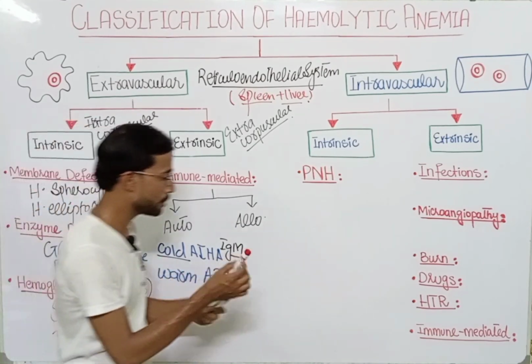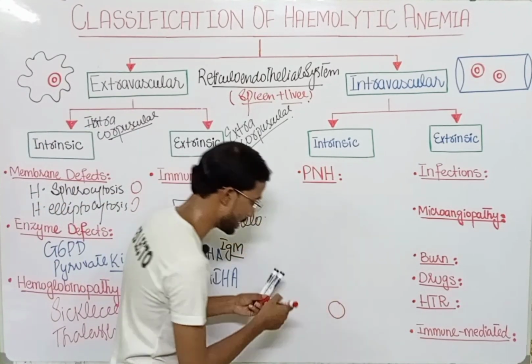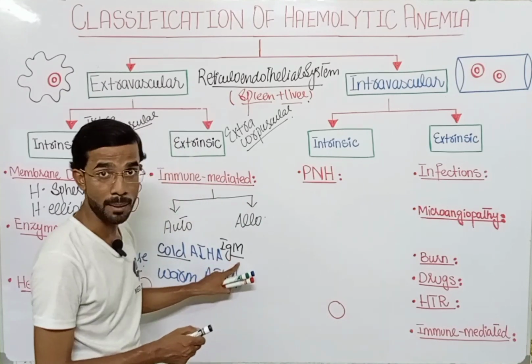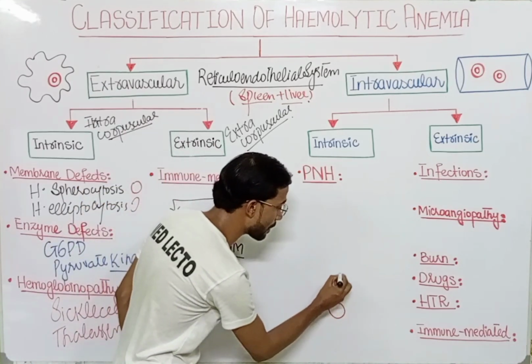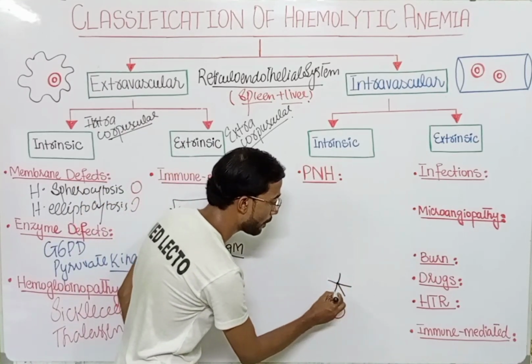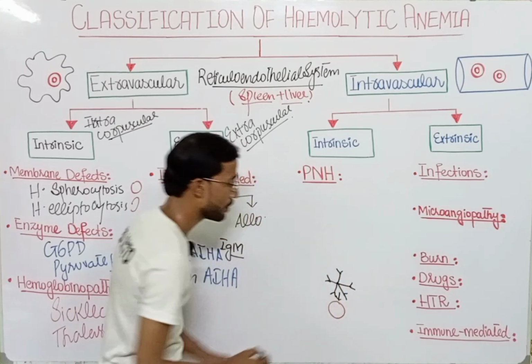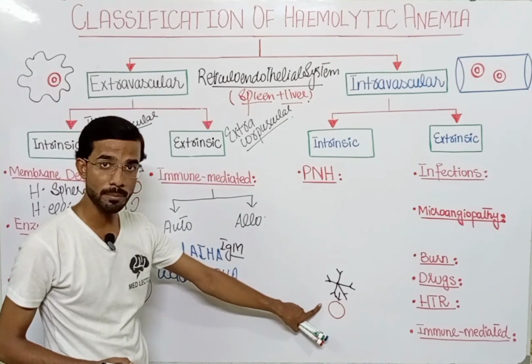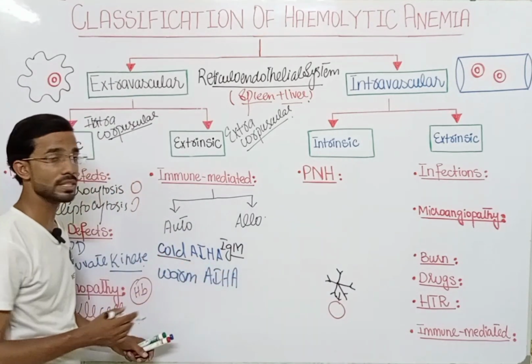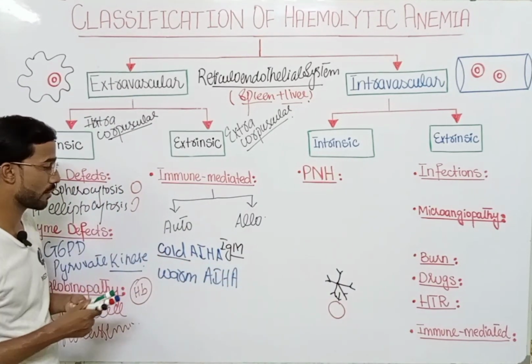Here is the RBC, and IgM is a pentameric antibody. It attaches to the RBCs, and ultimately you see destruction of the RBCs extravascularly.